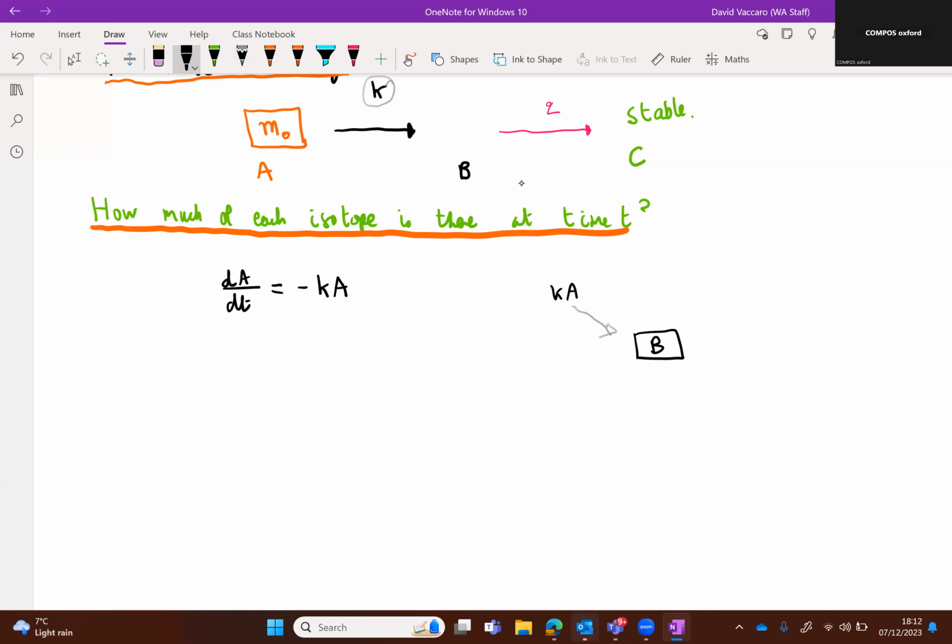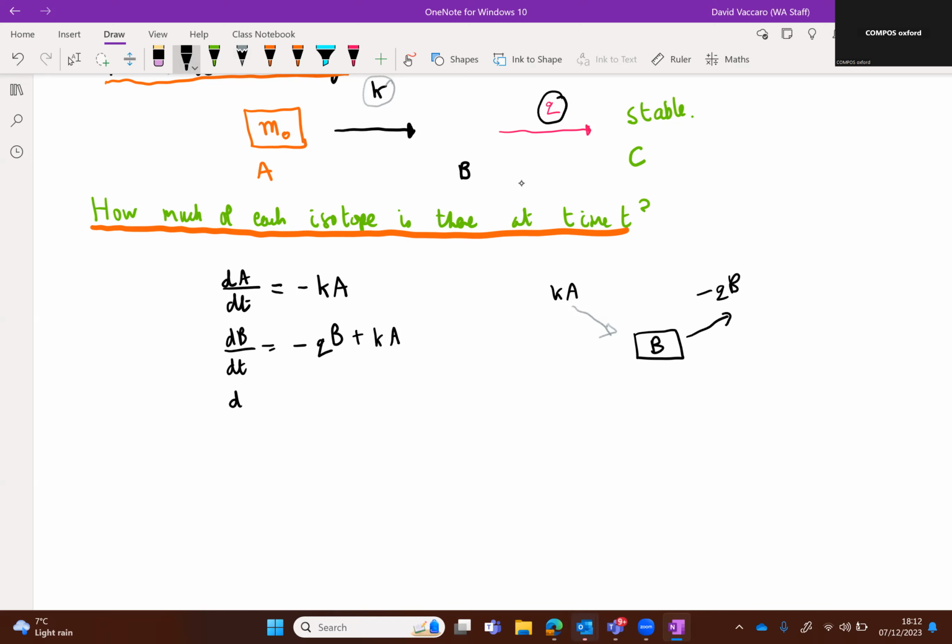But at the same time, material B is decaying. So we've got a flow out of material B of a term which is proportional to the amount of B, and the constant of proportionality is this decay constant Q. So dB by dt is equal to minus QB plus KA.